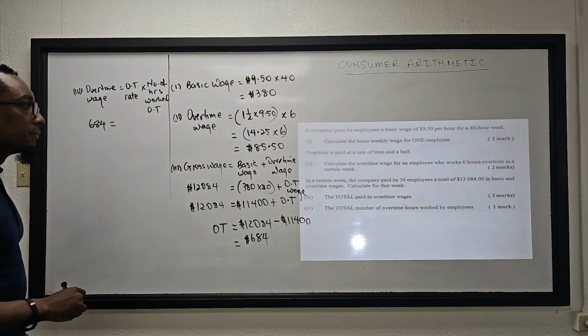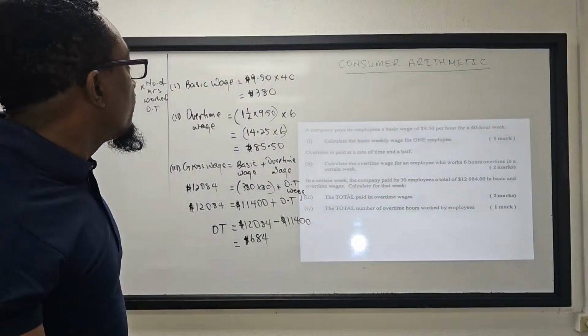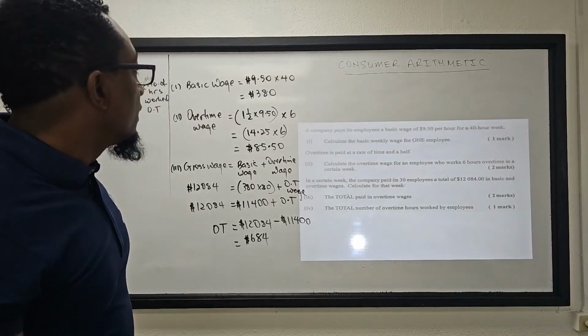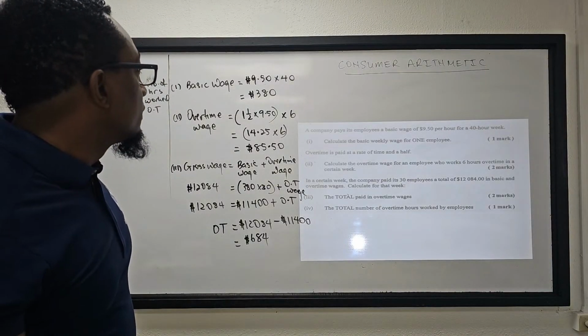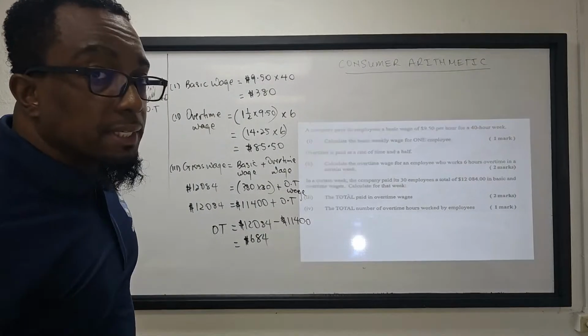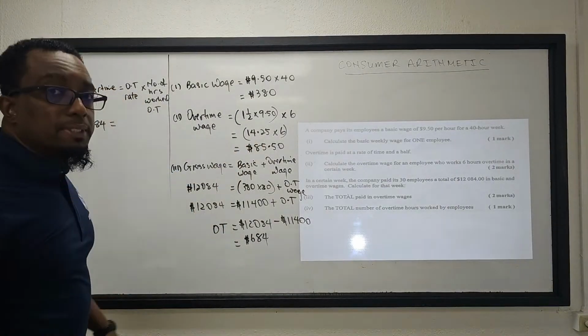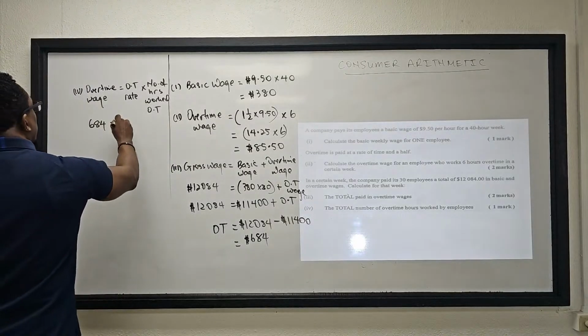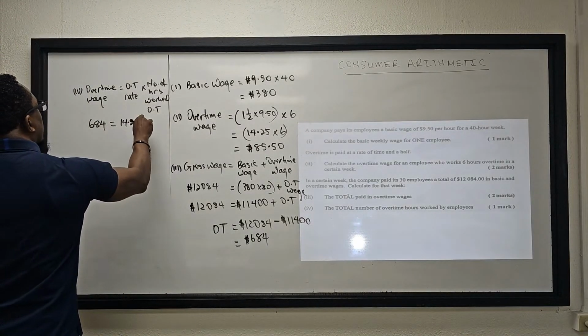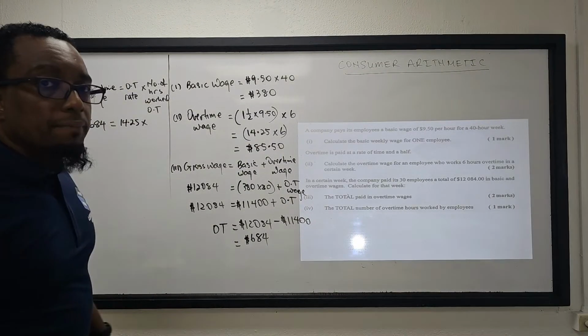We know what's the overtime wage, which is $684. We know that the overtime rate is $14.25, multiplied by the number of hours worked overtime.